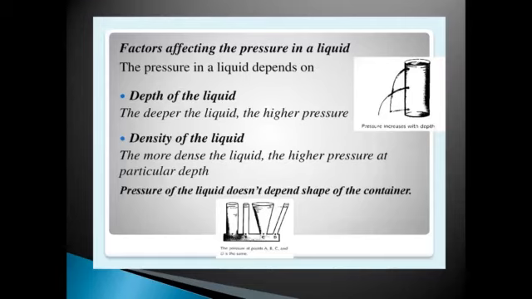Factors which are affecting the pressure in liquid: first, as we know that pressure is equal to rho g h, here h is the height of the liquid, or the depth of the liquid. As we have seen in the first law, liquid pressure increases with the depth. So the deeper the liquid, the higher is the pressure.